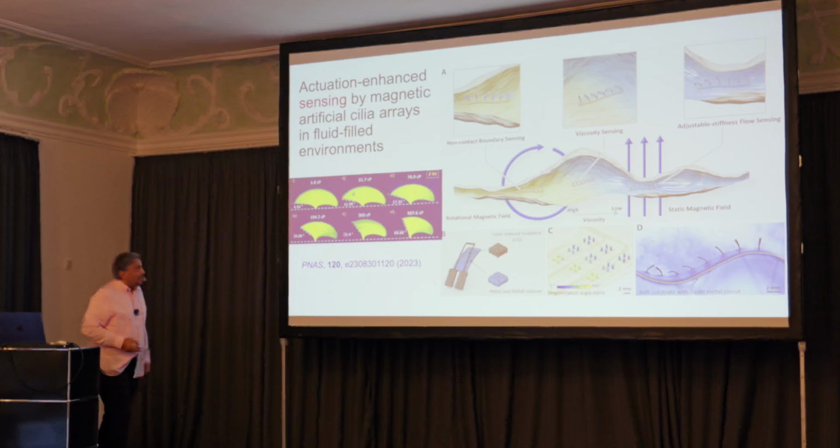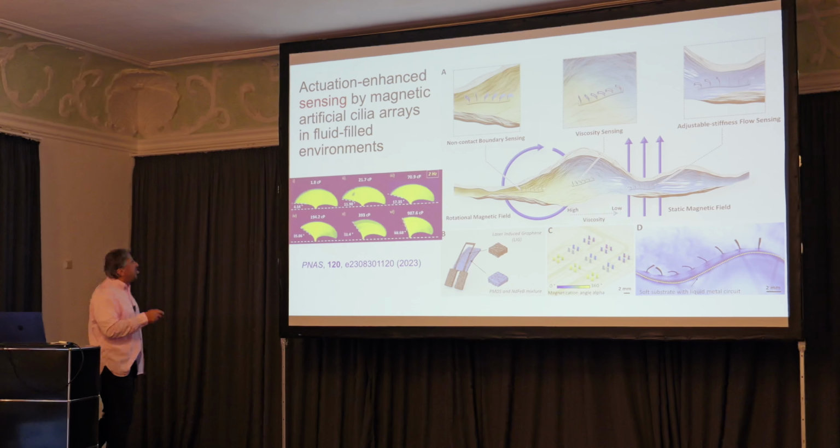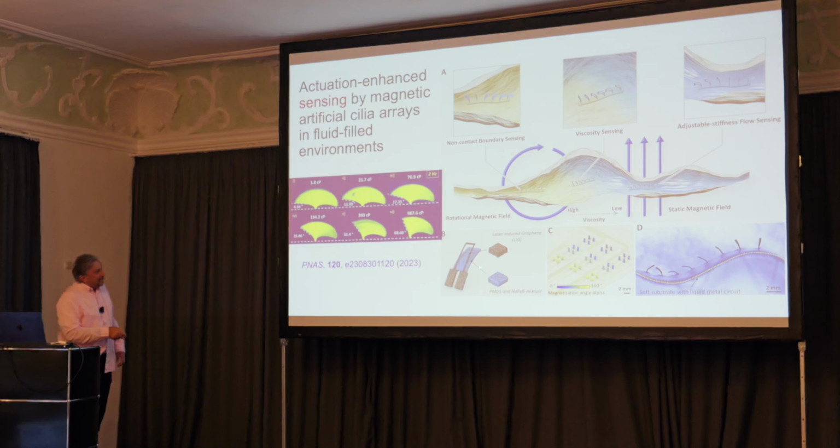So we then said, why don't we integrate sensors? Because as we talk about, if you are only active, intelligence is very limited. You need to sense the environment also. One way to do that is to integrate sensors, and we can easily integrate a piezoresistive laser-induced graphene onto the surface of the same elastic sheet with the magnetic profile, and we can again make them in an array.